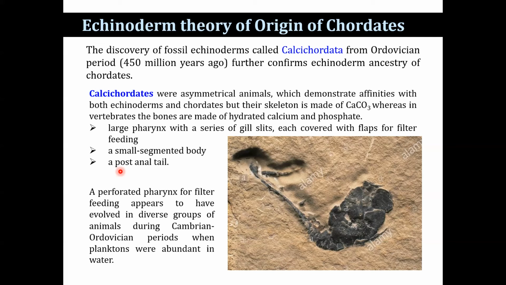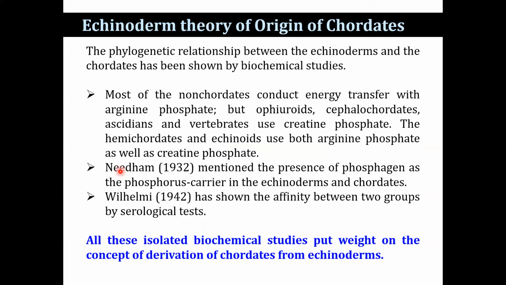Now, the phylogenetic relationship between the echinoderms and the chordates has been shown by biochemical studies. Most of the non-chordates conduct energy transfer with arginine phosphate, but ophiuroids, cephalochordates, ascidians, and vertebrates use creatine phosphate. The hemichordates and echinoids use both arginine phosphate as well as creatine phosphate.